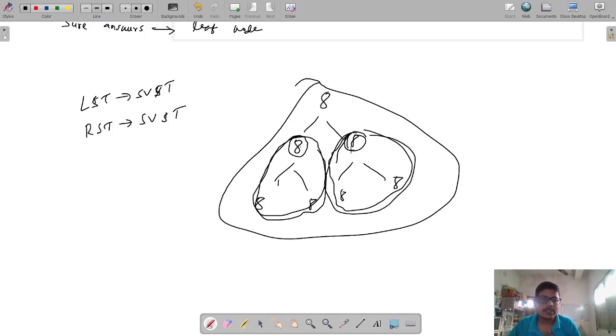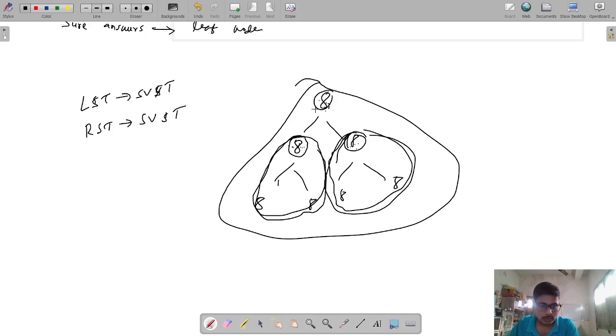I will only check that this value equals this and this value equals this. If these two values are equal, then obviously this 8 is equal to this 8, and as this left subtree is a single value subtree, this value is equal to all its subtree values, and this value is equal to all its subtree values.